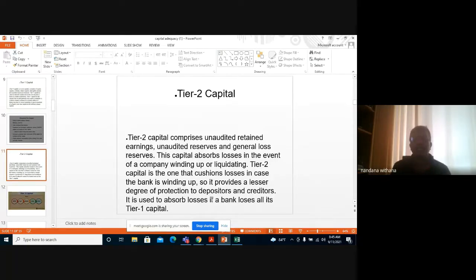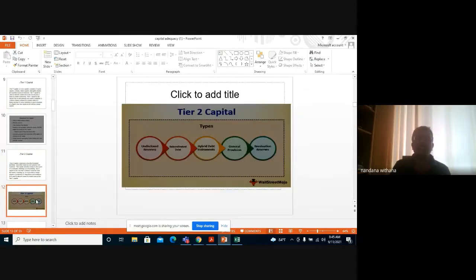Then there is a lesser degree of responsibility to the depositors. To absorb that, you need Tier 2 capital. It is used to absorb losses if a bank loses all its Tier 1 capital. Tier 2 capital comes in to absorb losses only if all the Tier 1 capital has already been exhausted.